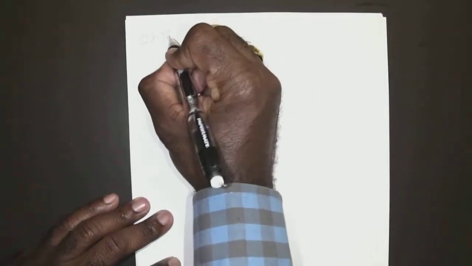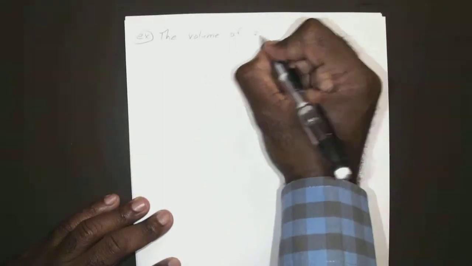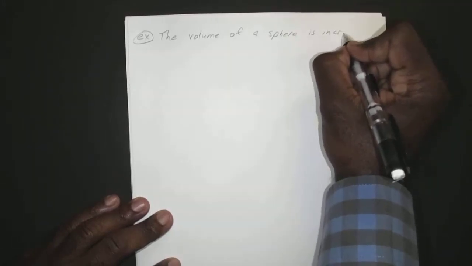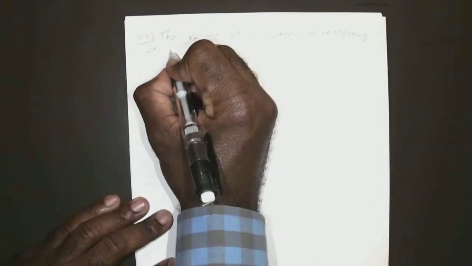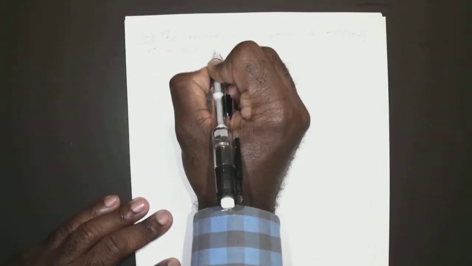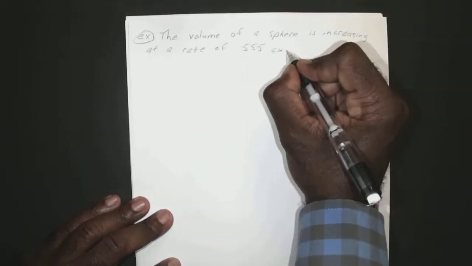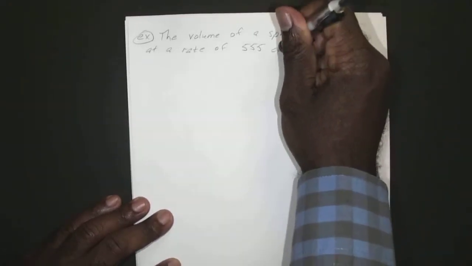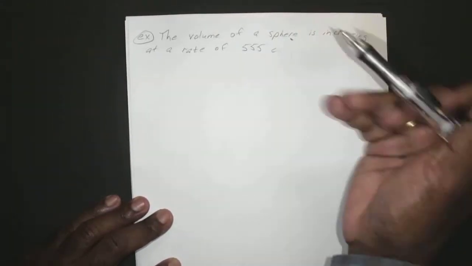Okay, so let's say the volume of a sphere is increasing at a rate of 555 cubic millimeters per hour.